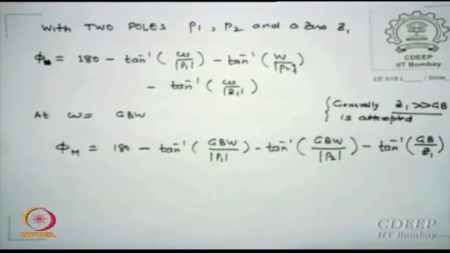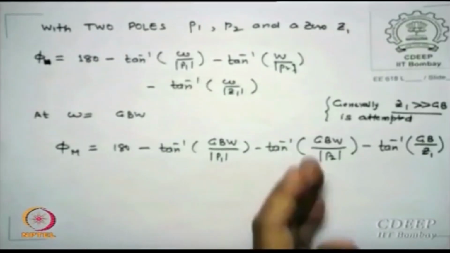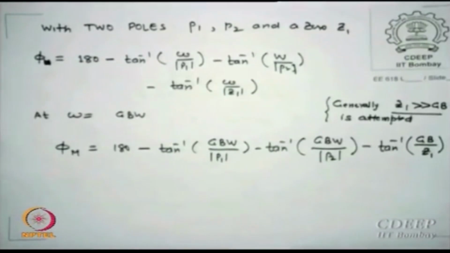Now P2 is gm6 by C2, is that correct? Gain is known to you, P1 is known to you, so the bandwidth is known to you. So you know GBW, and from this I can get C2 or a relationship between C2 and others, and therefore I can say what the W by gm6 should be to fit it. Okay? That is all that design is about.